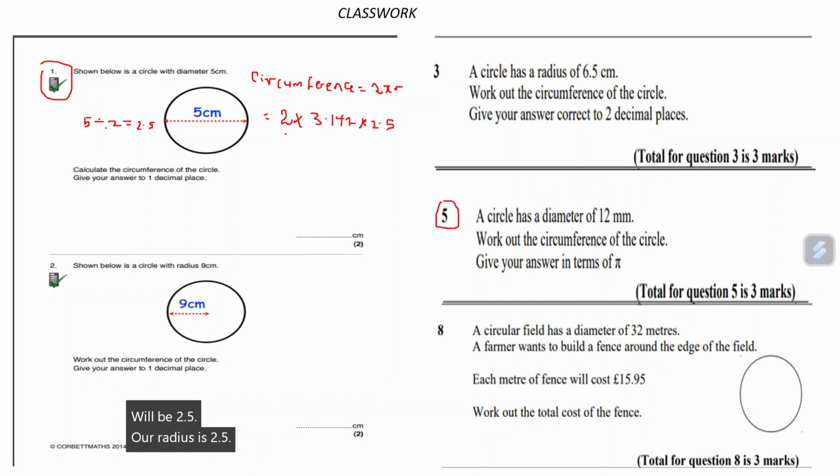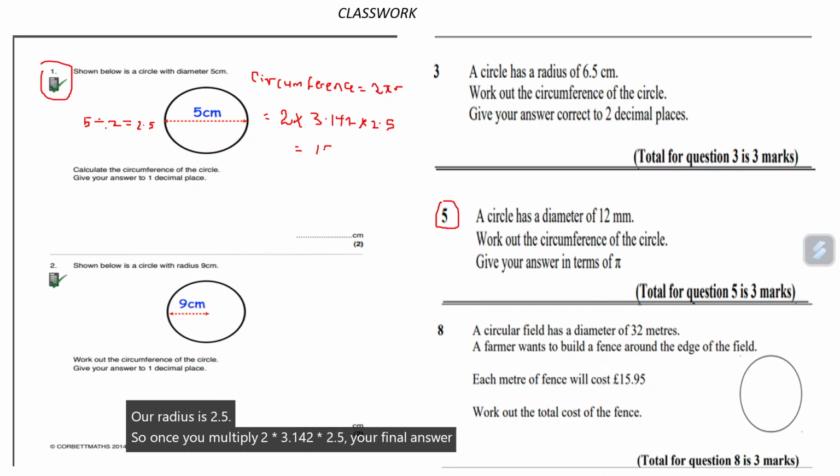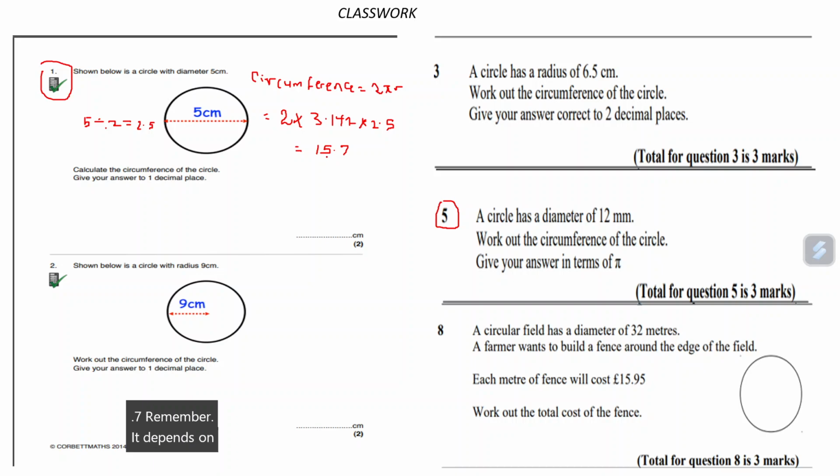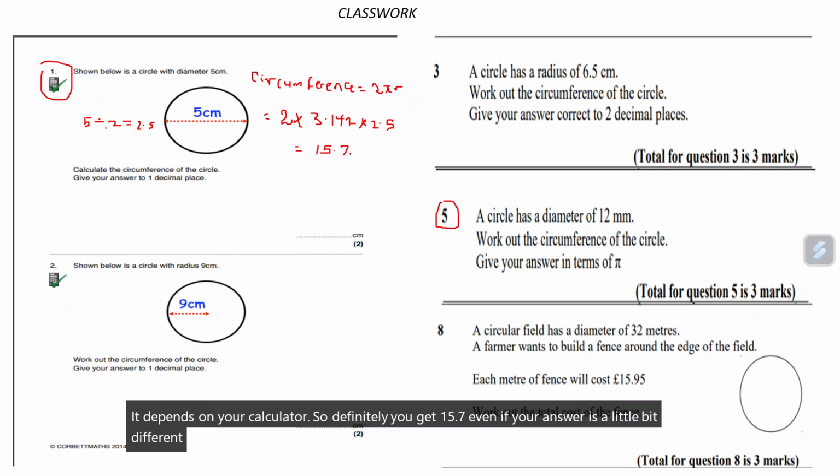So once you multiply 2 times 3.142 times 2.5, your final answer becomes 15.7. Remember, it depends on your calculator. So definitely you get 15.7. Even if your answer is a little bit different because of the decimal places, it doesn't matter.